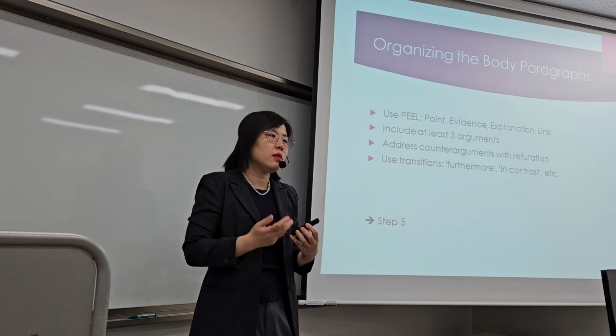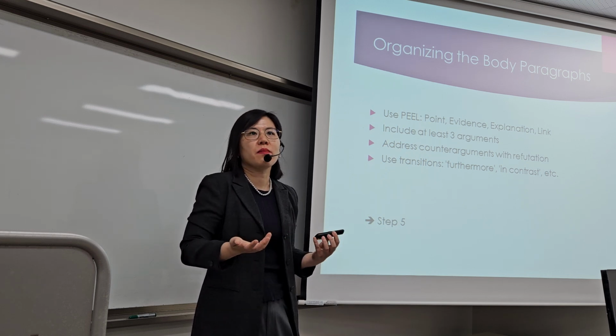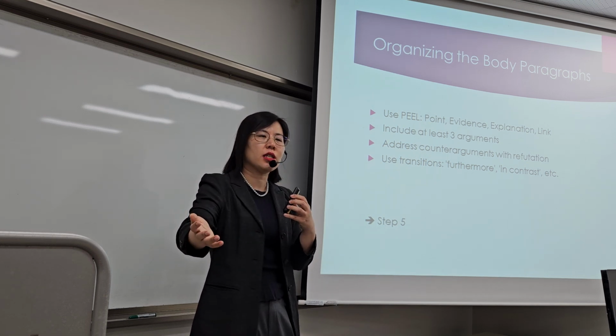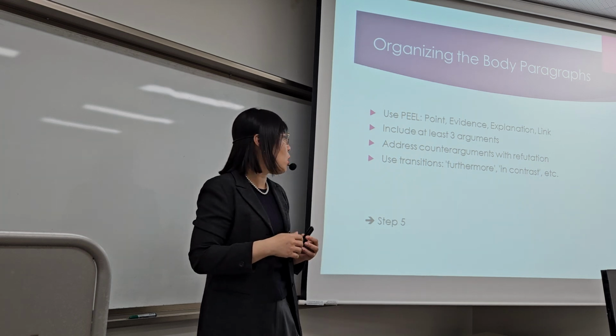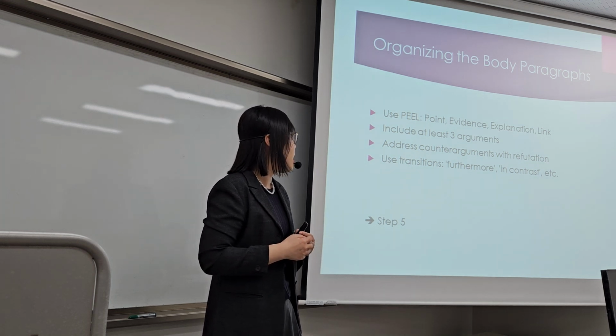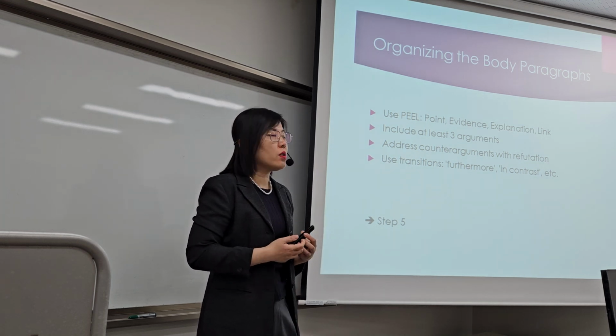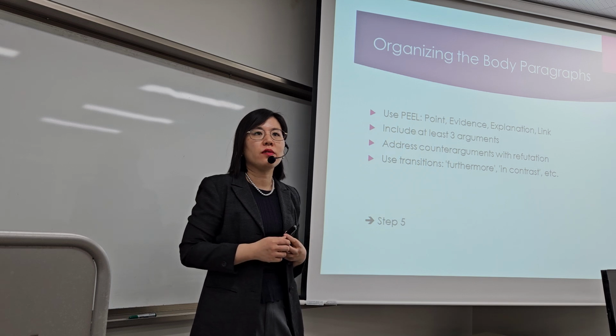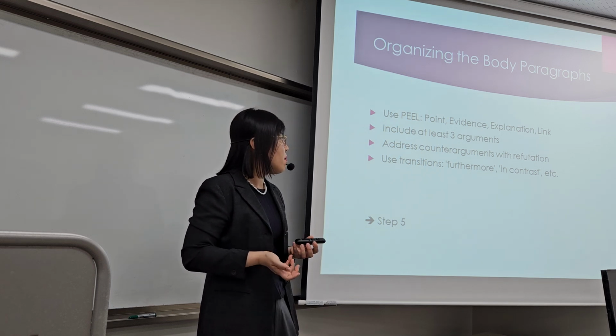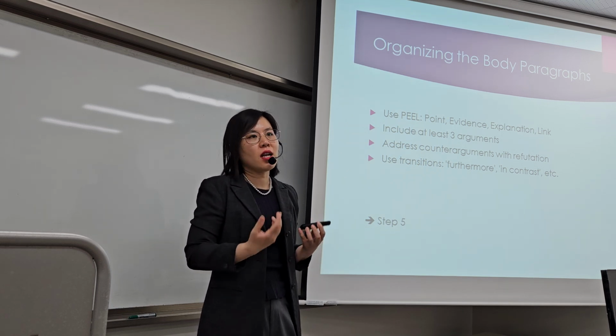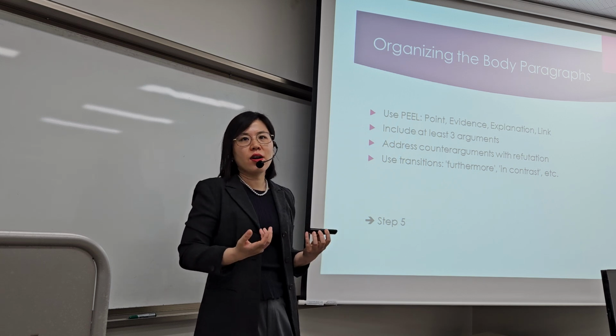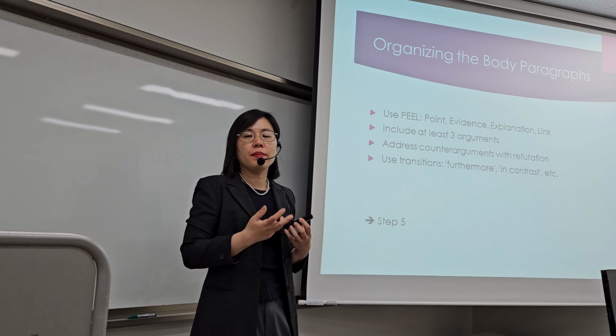So this is just to prove that your argument is stronger than the other opposing views. All right, and you can use transitional phrases such as furthermore, in contrast, on the contrary, however, to start different paragraphs.